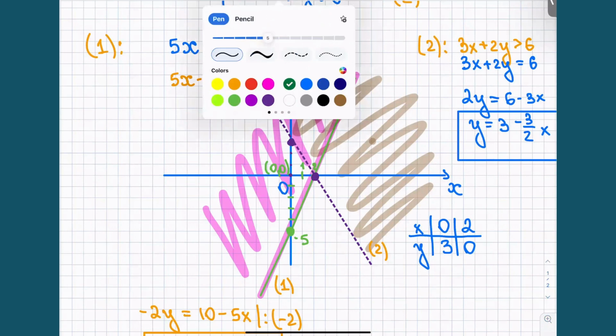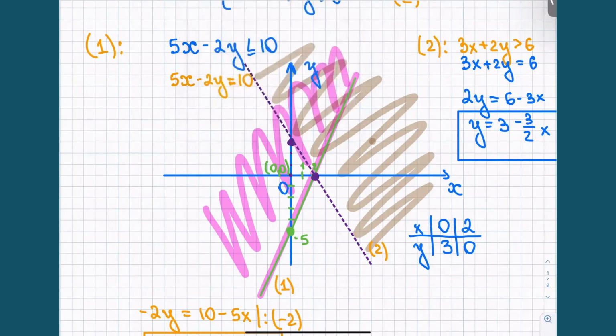I'll make it a little bit thicker so we will see it on the picture. And let's see. So the solution will be the following. This is the solution, that line, which belongs to both the pink shaded region and the brown shaded region.